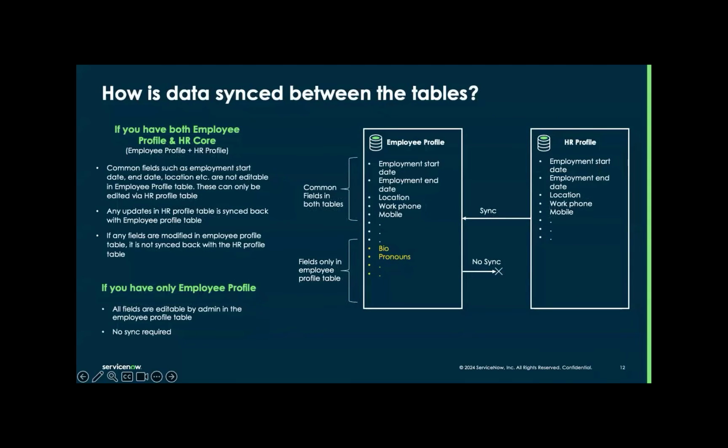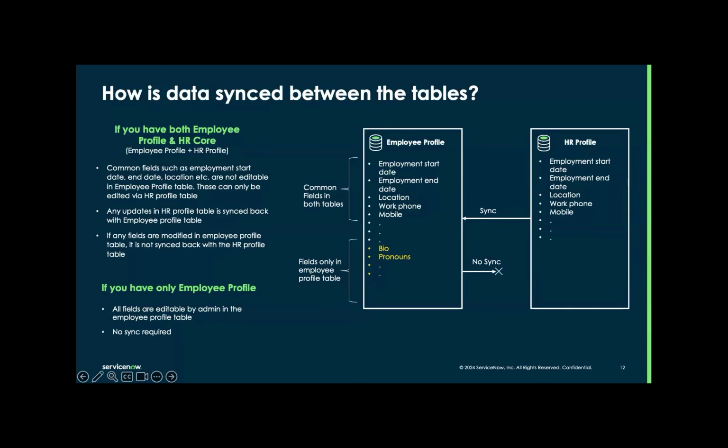While we have talked about these different tables, it's important to understand how the data is synced between them. The first use case is if you have both HR Core and employee profile installed, you'll have access to both these tables, employee profile and HR profile. There will be a certain set of fields which will be common across both these tables, such as employment start date, end date, the work location, work mobile phone, and so on.